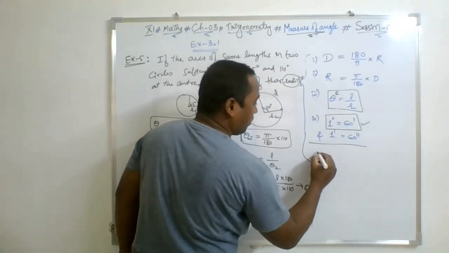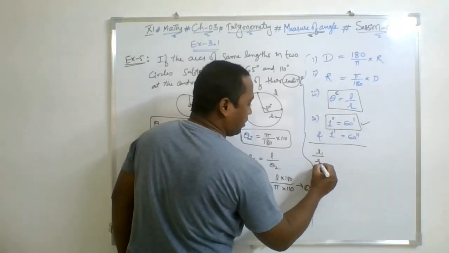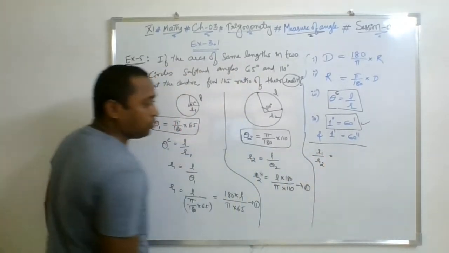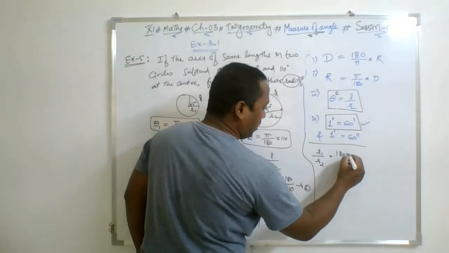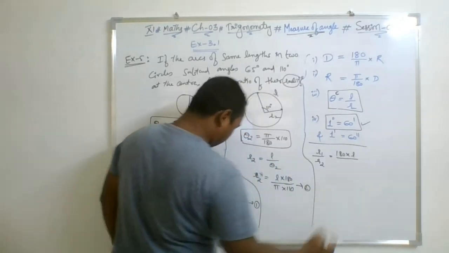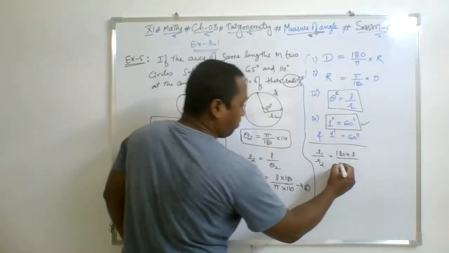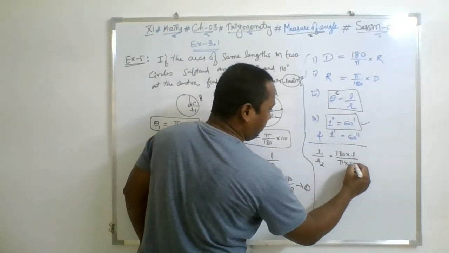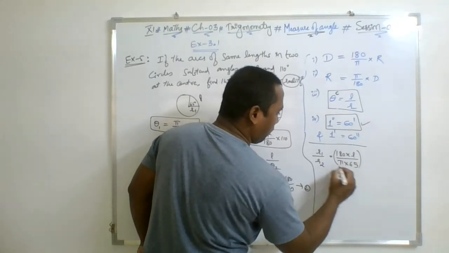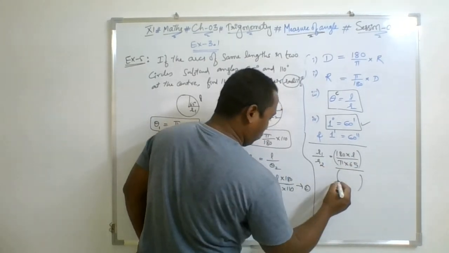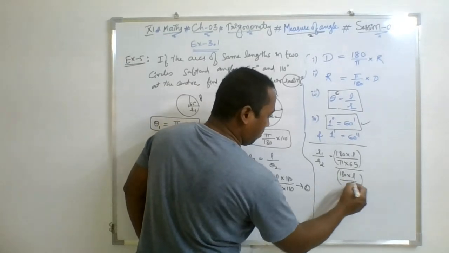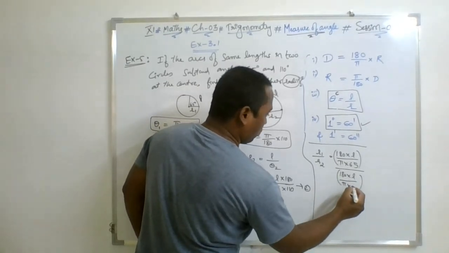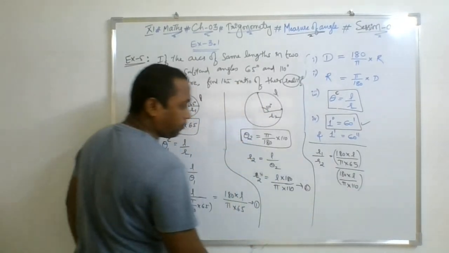So the radius ratio, R1 by R2, is equal to 180 into L by pi into 65, upon 180 into L by pi into 110.